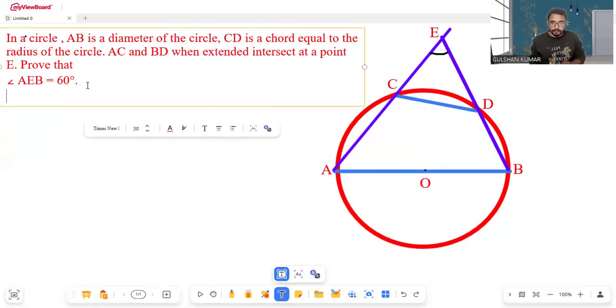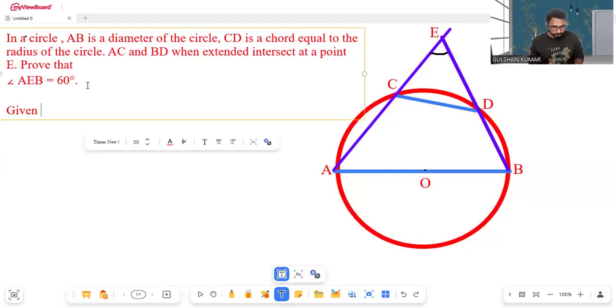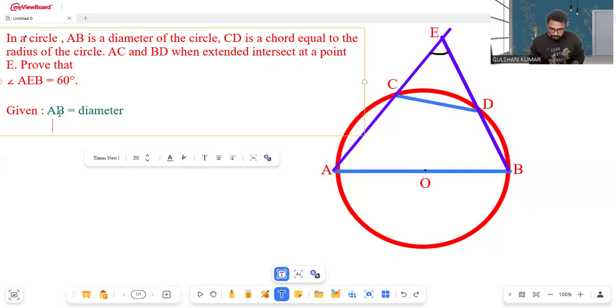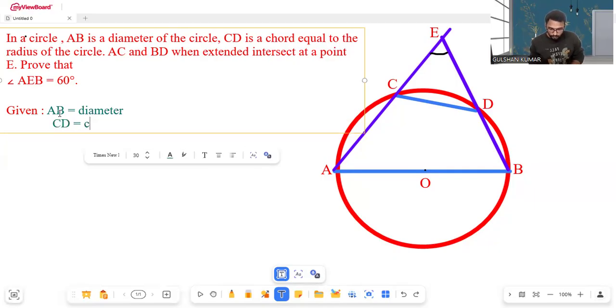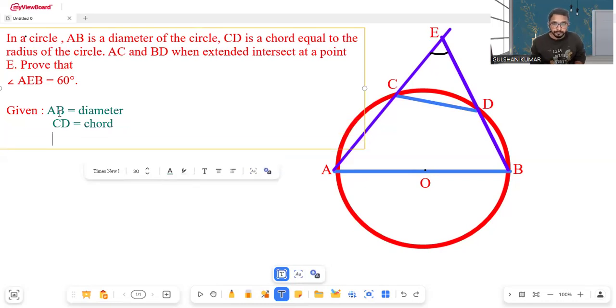Starting with the given, what we have is AB equals diameter and CD equals chord.